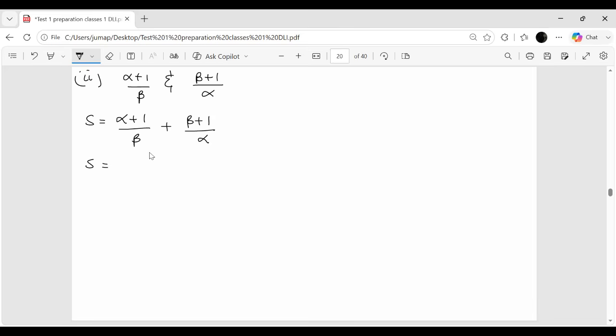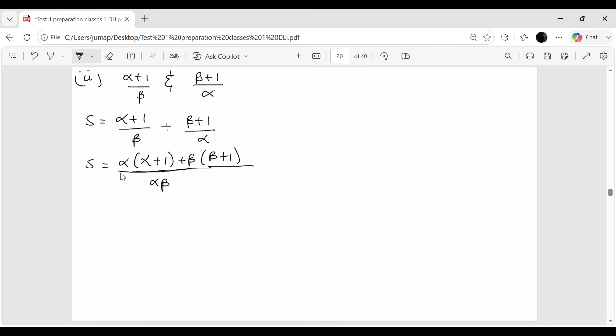You're going to get the common denominator, which is you just multiply the two at the bottom. You're going to have alpha beta. Alpha times beta is alpha beta. Then you multiply this one times this one, and this one times this one. So alpha multiplies with alpha plus 1, then plus beta multiplying with beta plus 1.